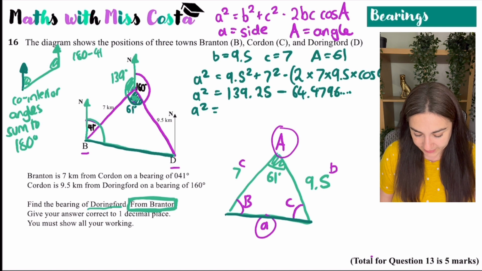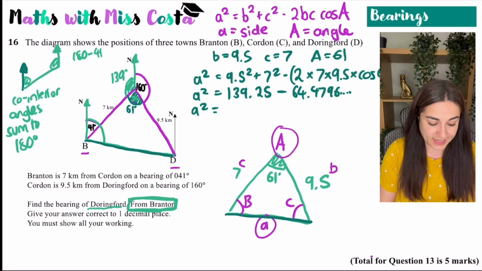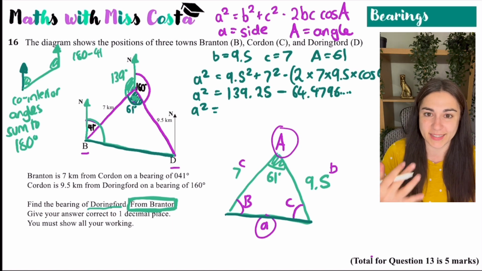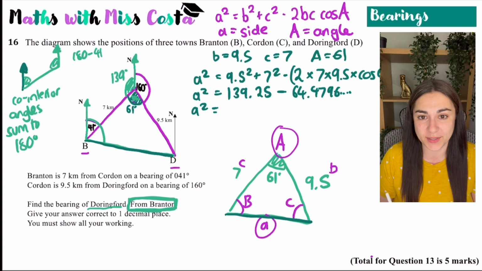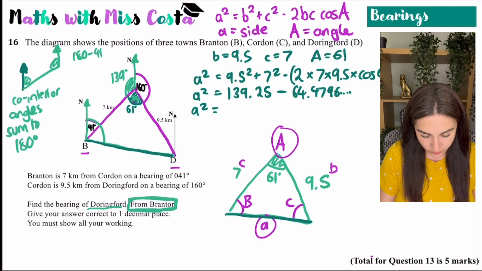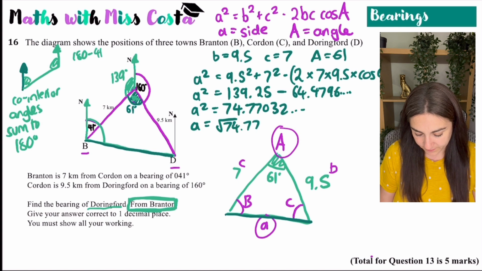So A squared is going to be 139.25. Oops, I'm supposed to be typing that into my calculator. 139.25, take away answer. Your calculator automatically memorises the last thing that it calculated, so you can just use that as a shortcut. So take away answer is 74.7732 and so on, and A is going to be the square root of this.